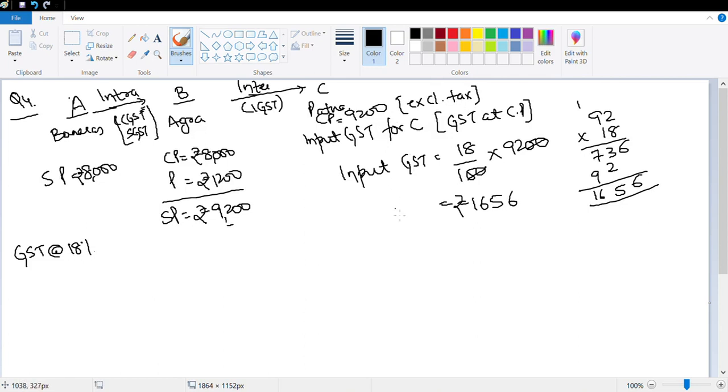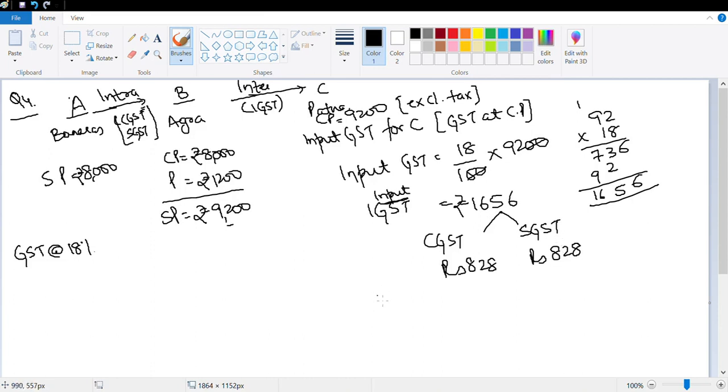In this case, this is IGST, input IGST, because this is interstate. But in case this question was intra, then I would have divided this as CGST and SGST, and since these are equal, this would have been half of this, that's 828, and this again would have been rupees 828.